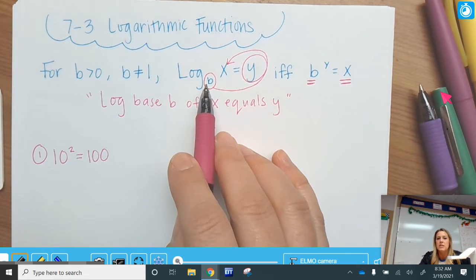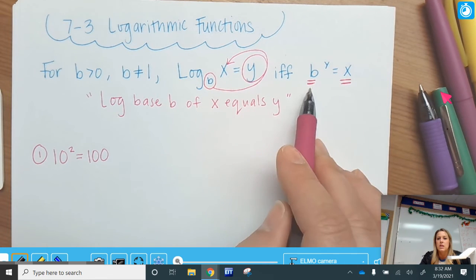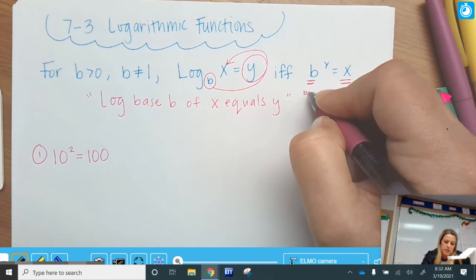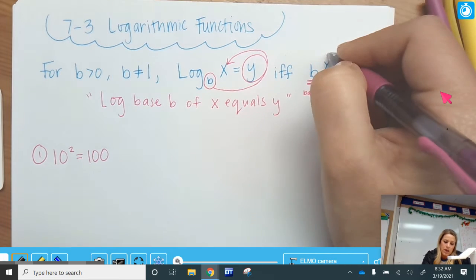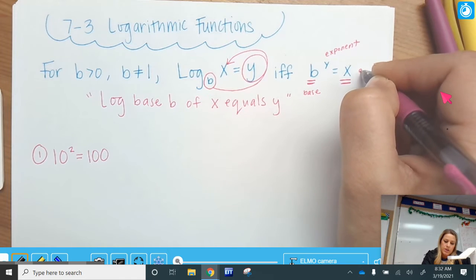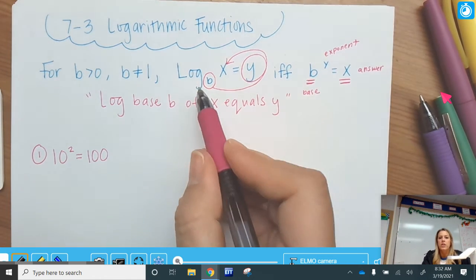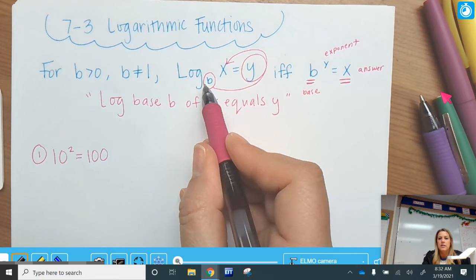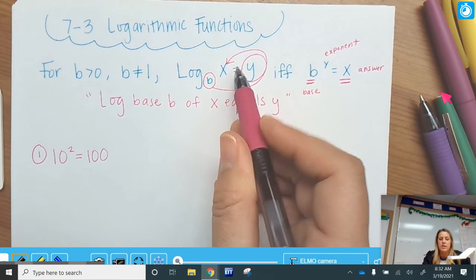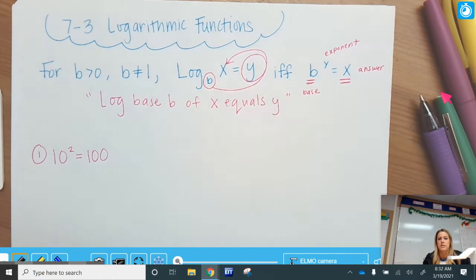So b is your base, this becomes your exponent, and this becomes your answer. Again, I take the base and go around the world over to the x.